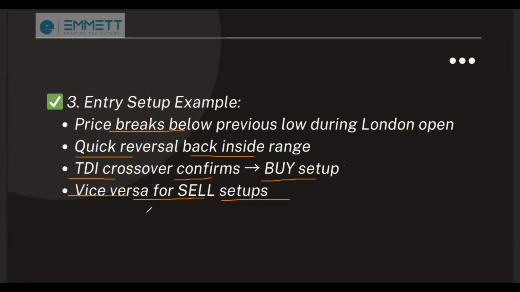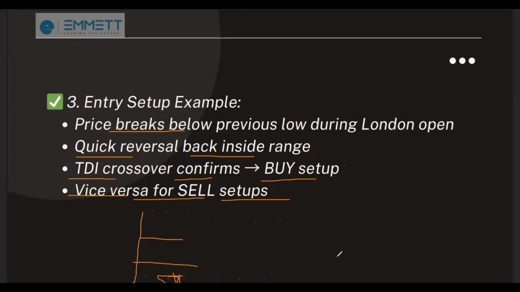So let's assume this is the day's open, this is the Asian range, and this is yesterday's high, and this is yesterday's low. Okay, so price breaks below, and then almost immediately reverses back inside, right? It means something has been grabbed, some money has been sucked or pulled into the market, and the market has reversed almost immediately.